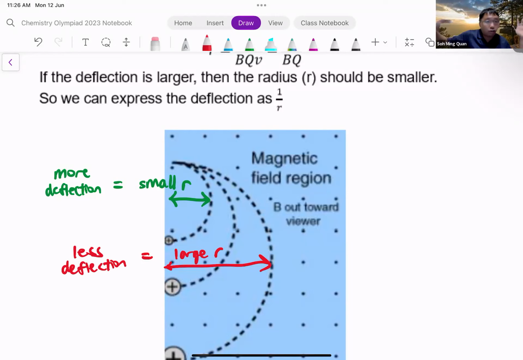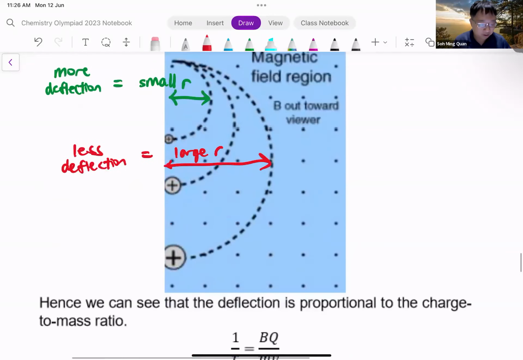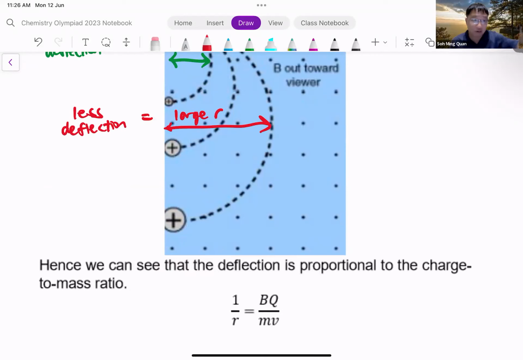So if the deflection is larger, the radius is smaller. It's an inverse proportion, so we can express the deflection as 1/r. Flipping the fraction, 1/r = BQ/mv. So the deflection is proportional to the charge to mass ratio. This is the theory behind mass spectrometry. These equations show that by measuring the deflection in a magnetic field, I can relate it to the charge to mass ratio.